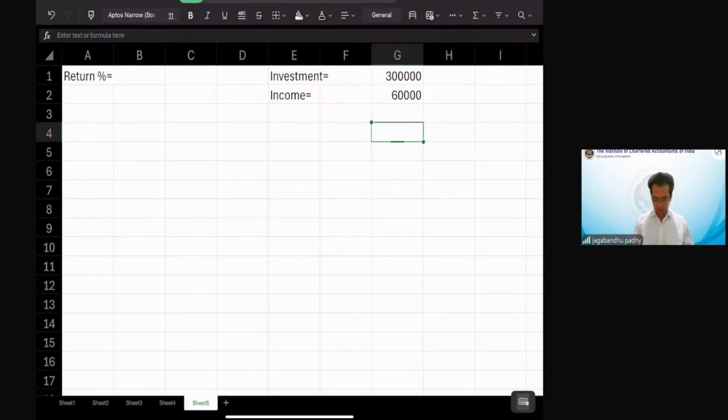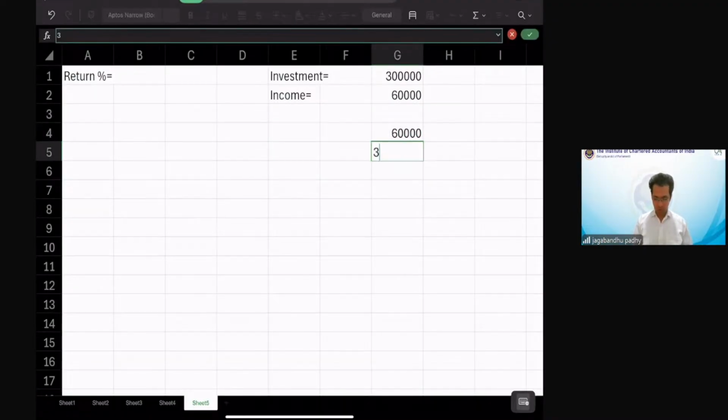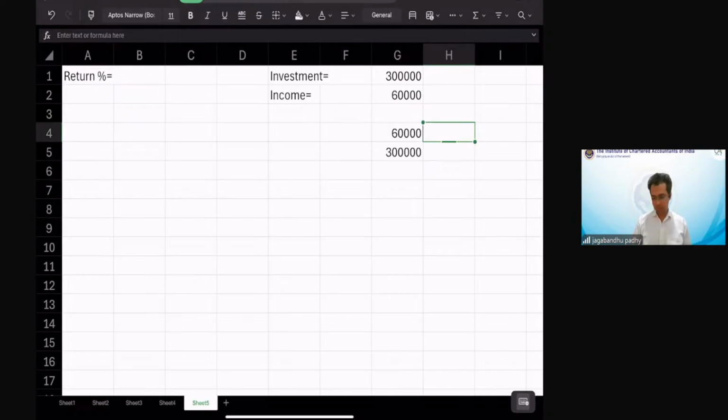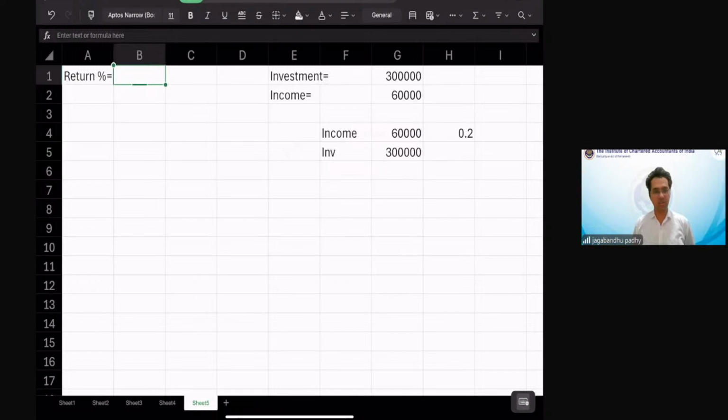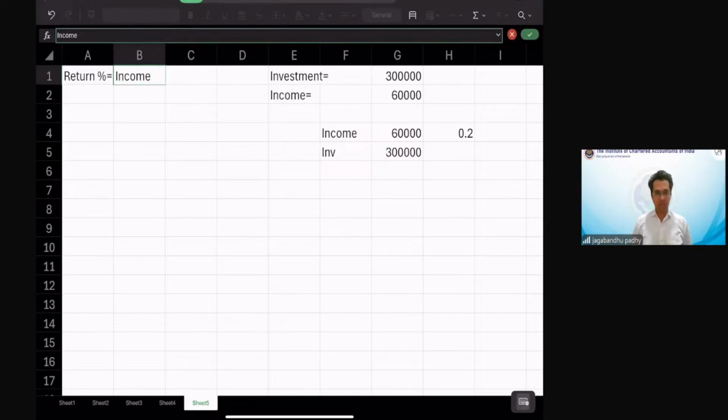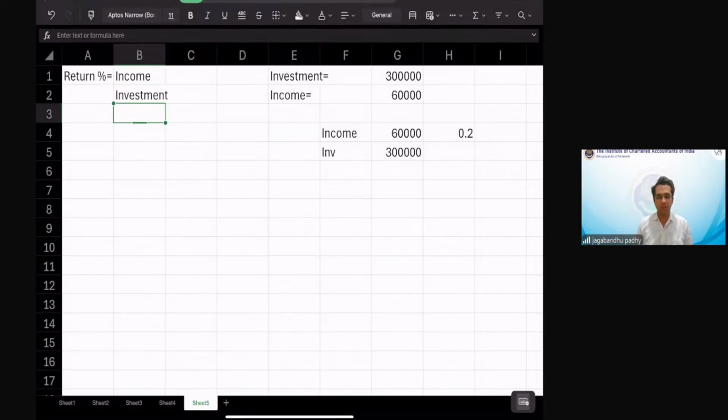Can I say it's simply 60,000 on 3 lakh? 60,000 divided by 3 lakh, which is 20%, right? So how did we get this? We got this as income on investment. So return percentage will be income on investment, right? So now we're going to look at some of the return ratios, and of course we are going to multiply this by 100 also.